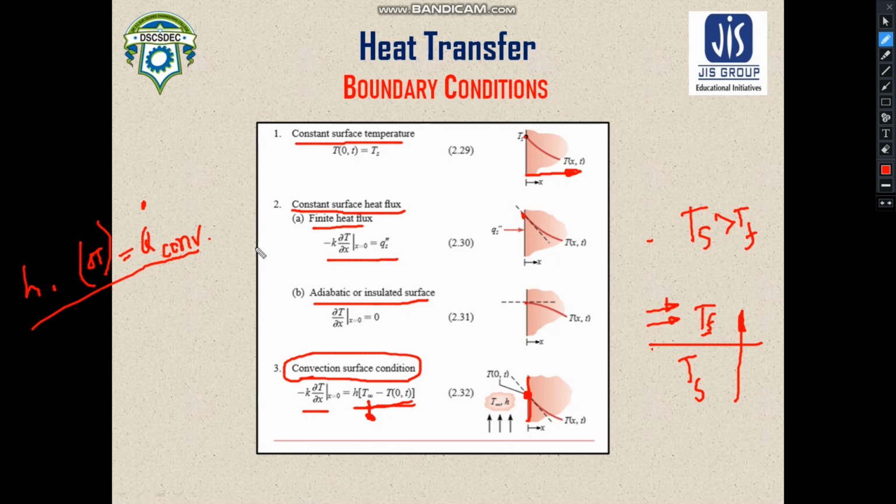So we'll be understanding these boundary conditions when we deal with specific cases of heat transfer through cylinders, rectangular slabs, and spheres. So for today, I will end my lecture here, and for the next class, we'll start with the discussion of one-dimensional steady-state heat conduction for rectangular slabs.